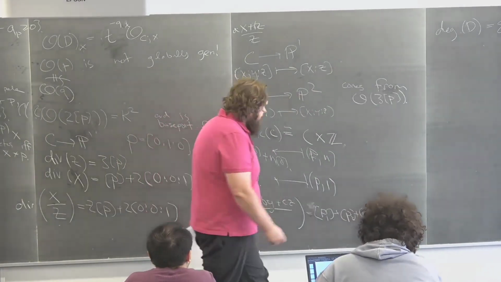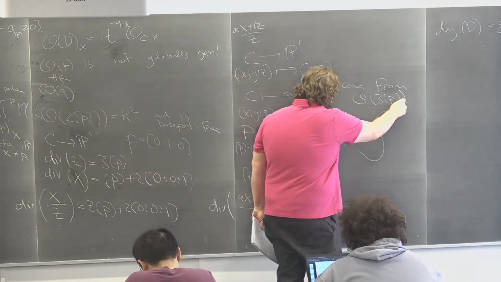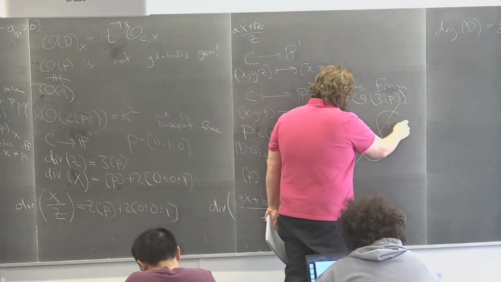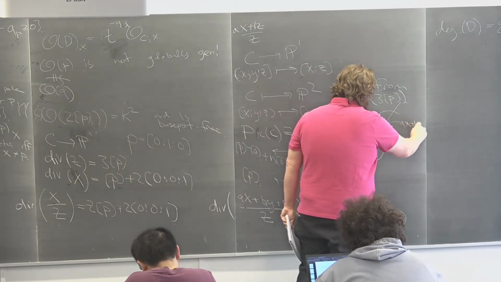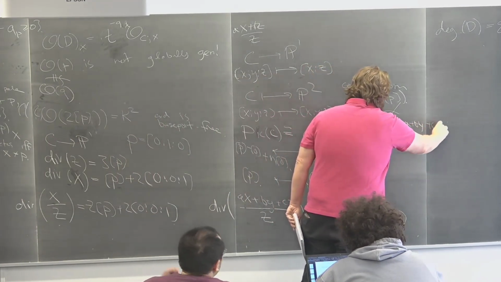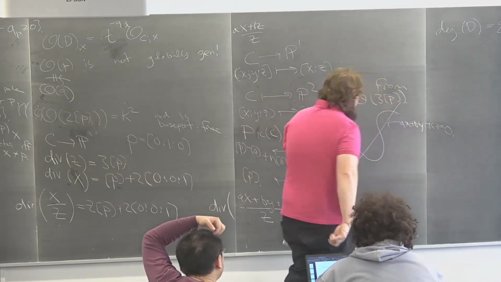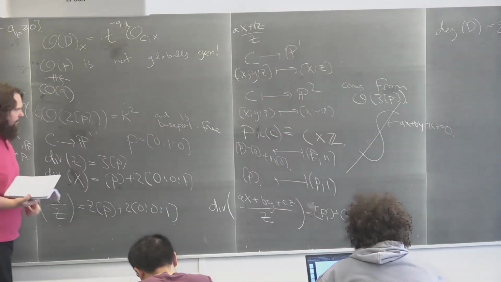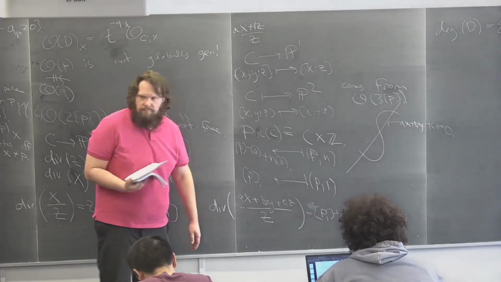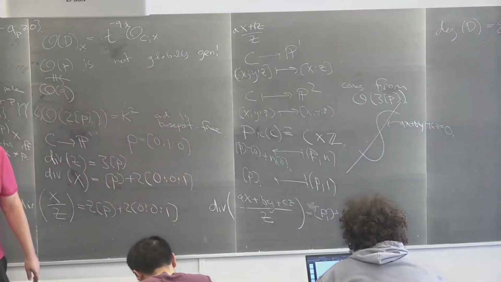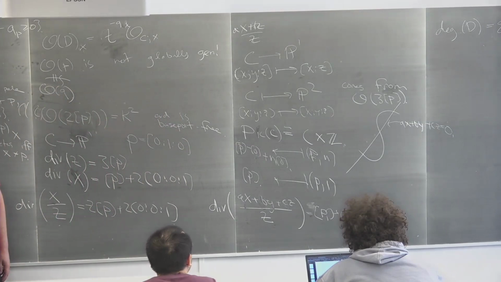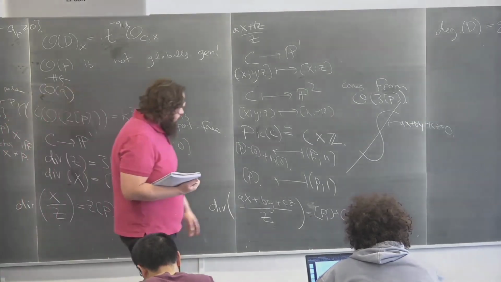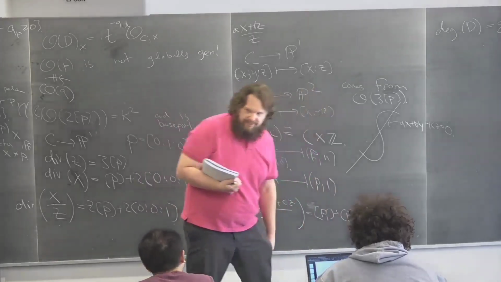The other guys are the intersections of this elliptic curve with the line ax plus by plus cz equals 0. Yes, right, these don't have to be three distinct points.